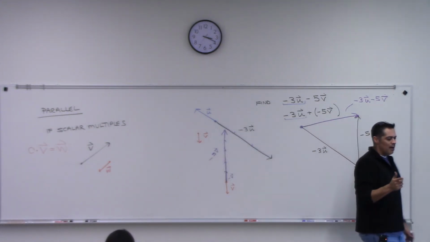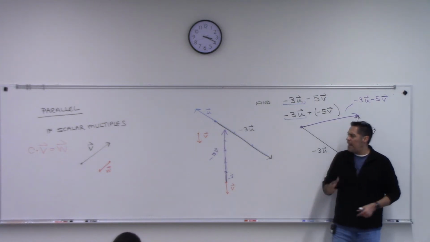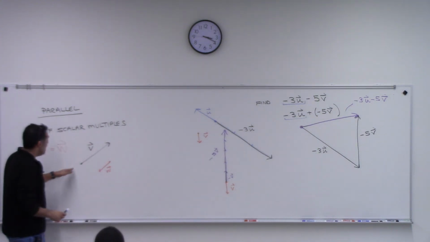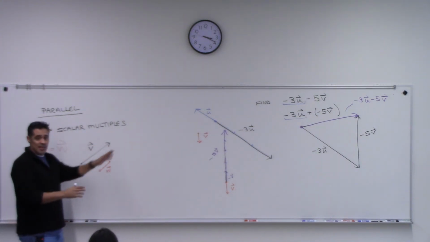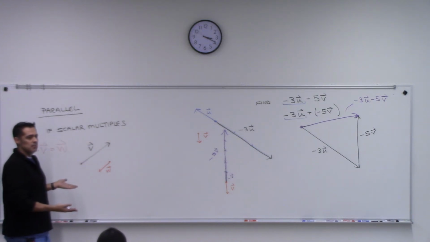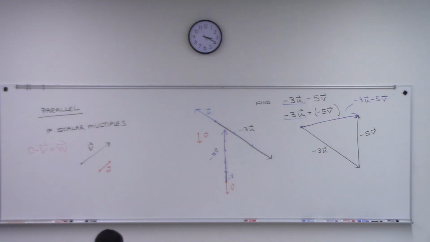So to be parallel vectors, an easy way to think about it is if these were lines, they're not, but if they were, would they be parallel? Yeah, right? That's what makes two vectors parallel.